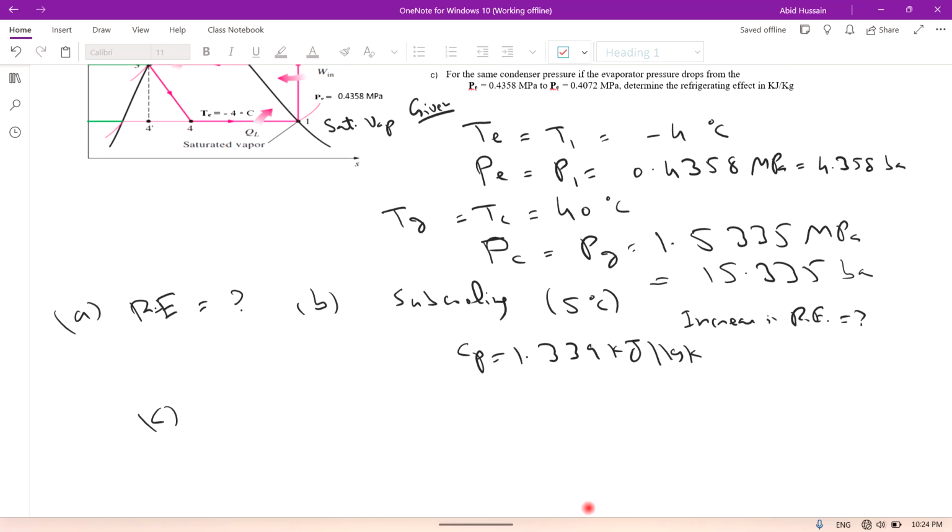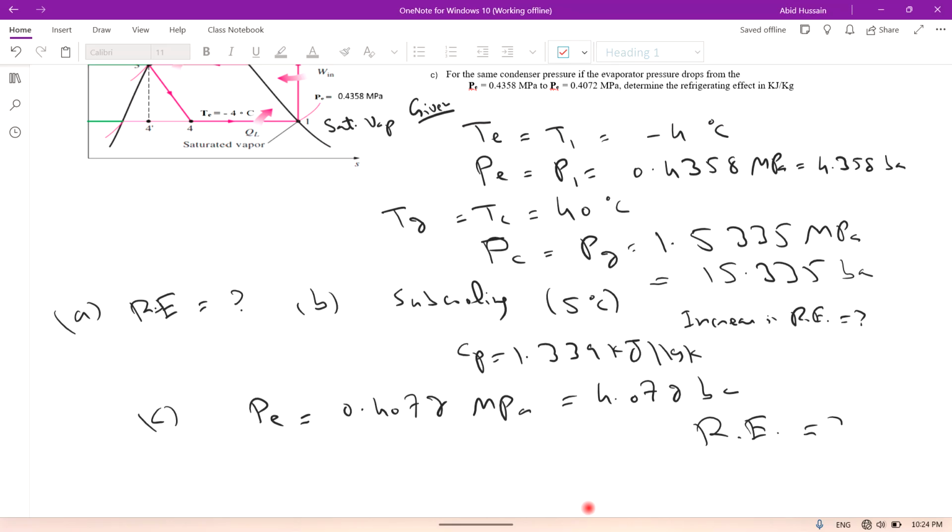And for part C, for the same condenser pressure, if the evaporator pressure drops from 0.4358 to 0.4072 megapascal, which is equal to 4.072 bar, then find the refrigeration effect.